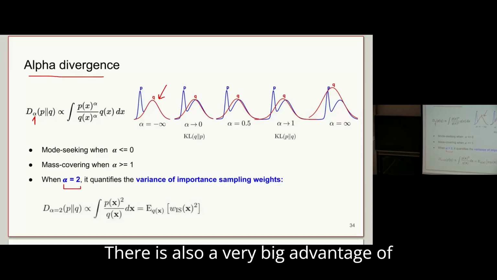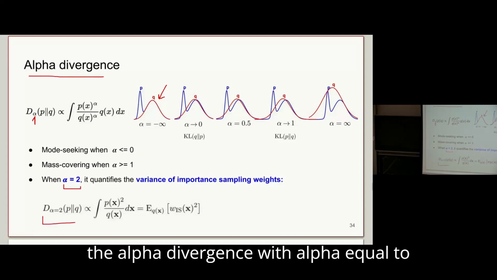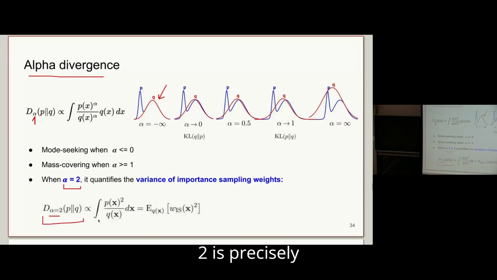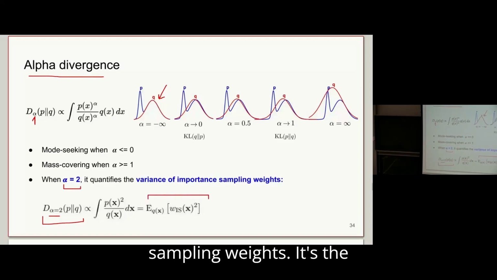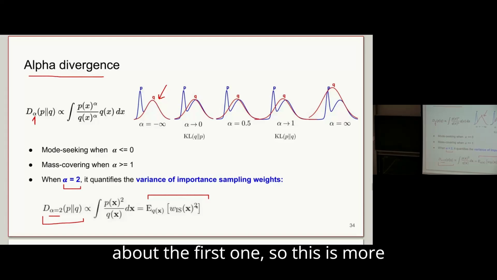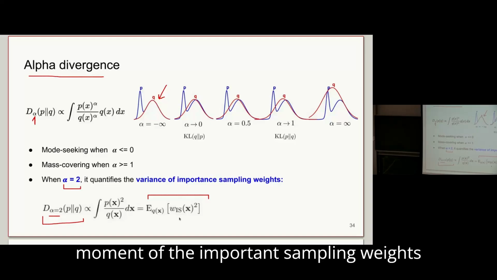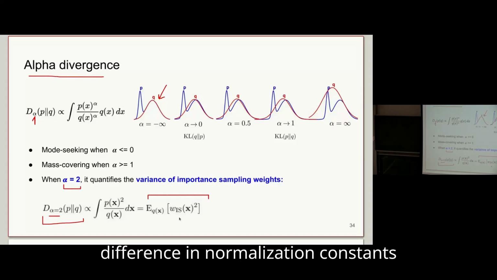There is also a very big advantage of this alpha divergence. You can show that the alpha divergence with alpha equal to 2 is precisely related to the variance of my importance sampling weights. Okay? It's the expected, it's the second moment, but I mean, you don't care about the first one, so this is more related to the variance. The first moment of the importance sampling weights will always be the difference in normalization constants between the distributions.